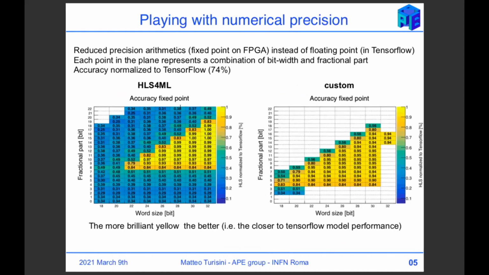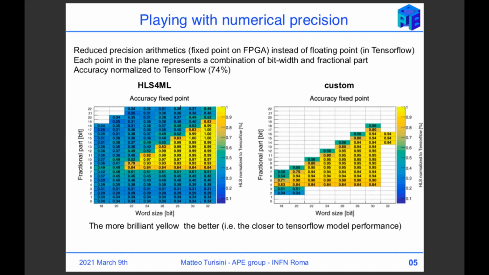In this slide number 5, you have a scan of arithmetic precision. On the x-axis of each plot, you have the number of bits you use to represent your data inside the algorithm, and on the y-axis, the fractional part. The colored scale represents the total accuracy of the model normalized with the one from TensorFlow. And the yellow here is good performance.